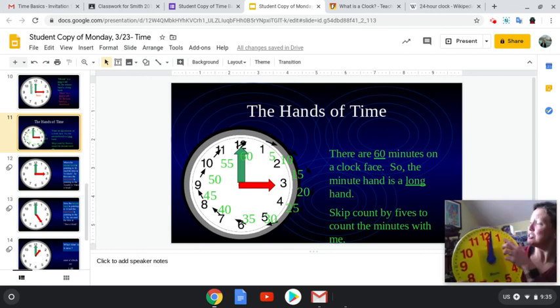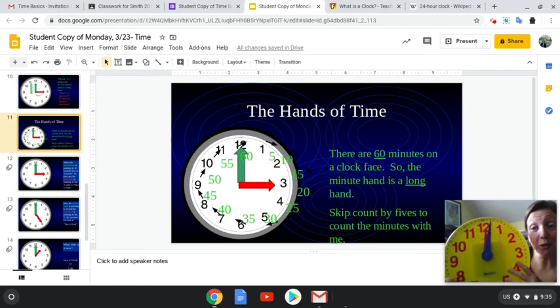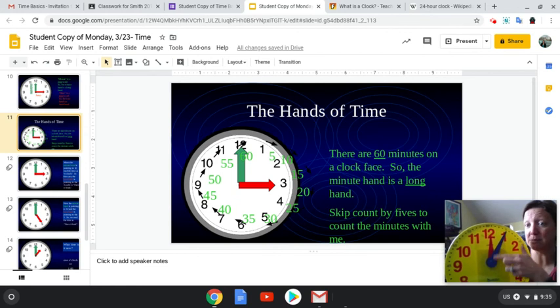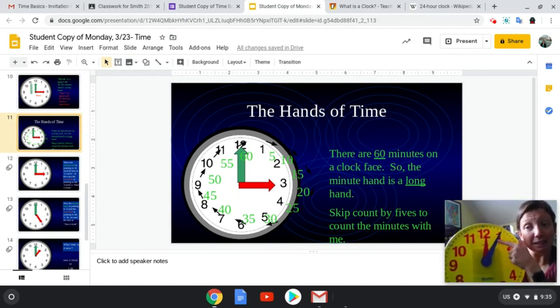These hours are also like checkpoints for the minutes. So when my minute hand is on the 1, now remember, this is my long hand, so this is my minute hand. This is not telling me that the hour is 1 because my hour hand is still in the what room?